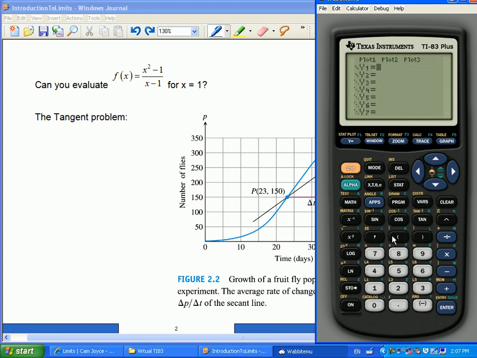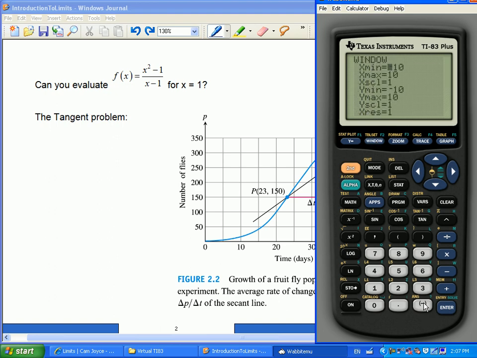The picture of that graph is x squared minus 1. And I'm going to make sure that I can see it at x equals 1. So because I'm trying to illustrate this to you, I'm going to change my window.